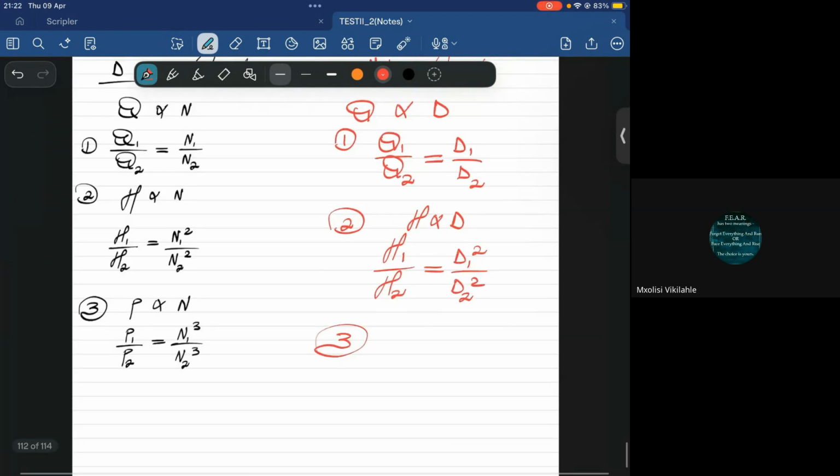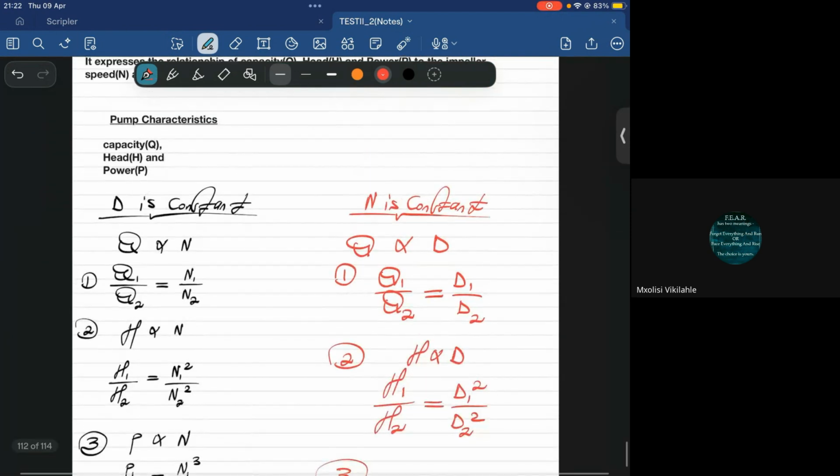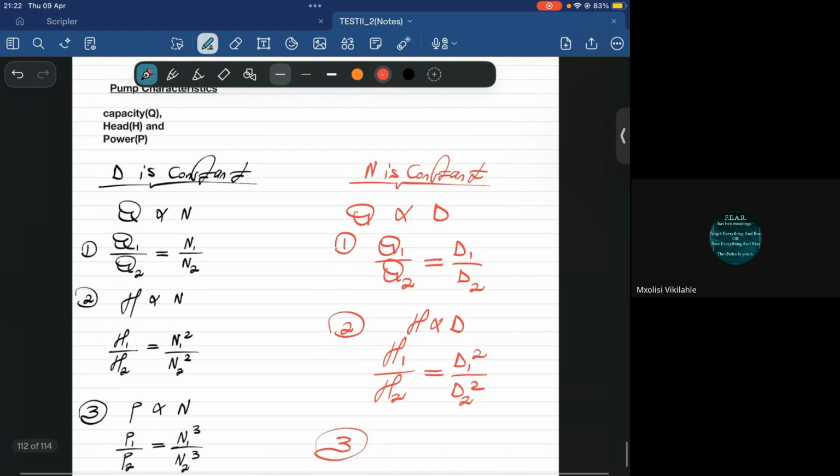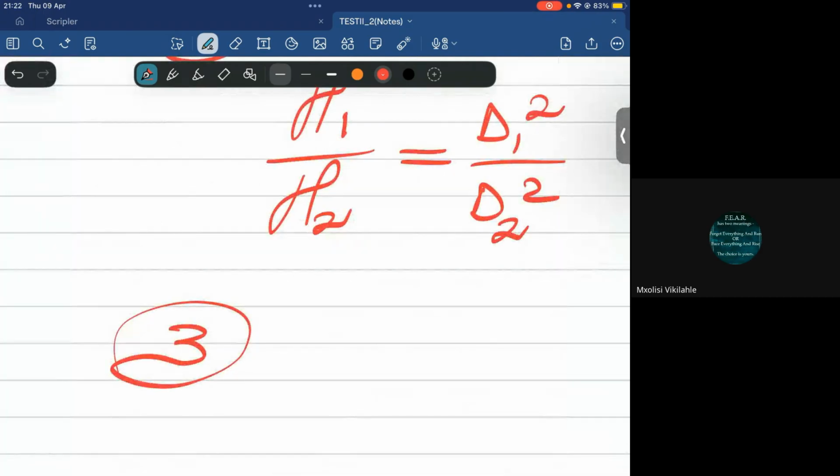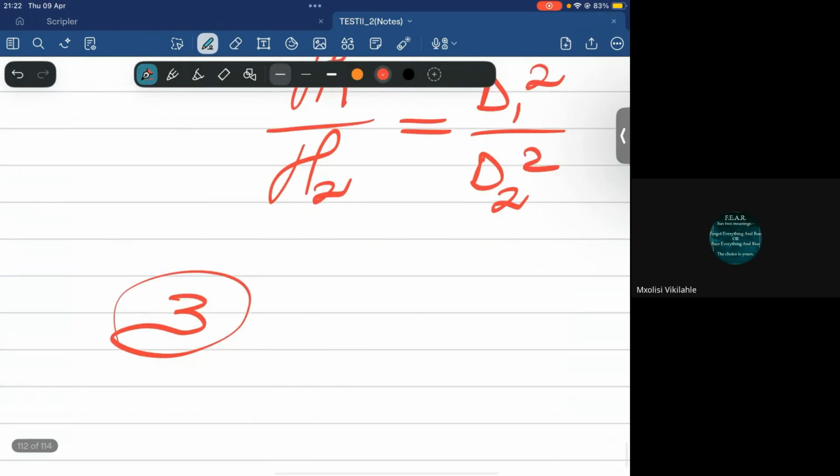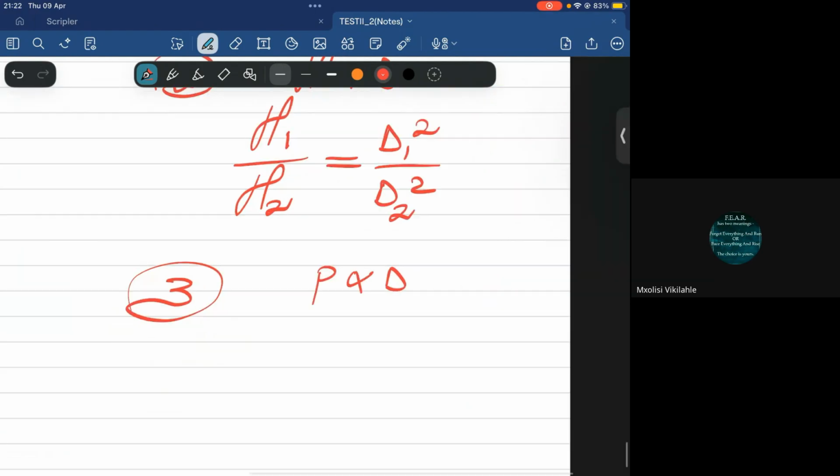Then number 3, power versus the impeller diameter. Again, if the impeller speed is constant, this means that power will be directly proportional to the impeller diameter.